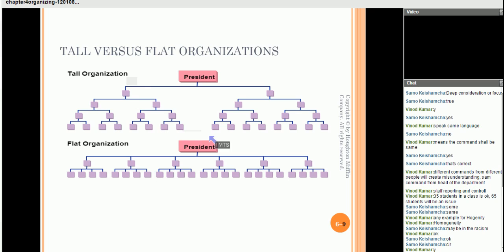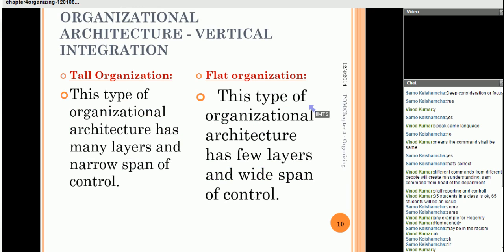So everywhere two people are reporting, so this is easy to control. And in the flat organization, the layers are much fewer, just 2 or 3 layers, and the span of control is big. Many people report to a single person. So there are few layers and a wide span of control.